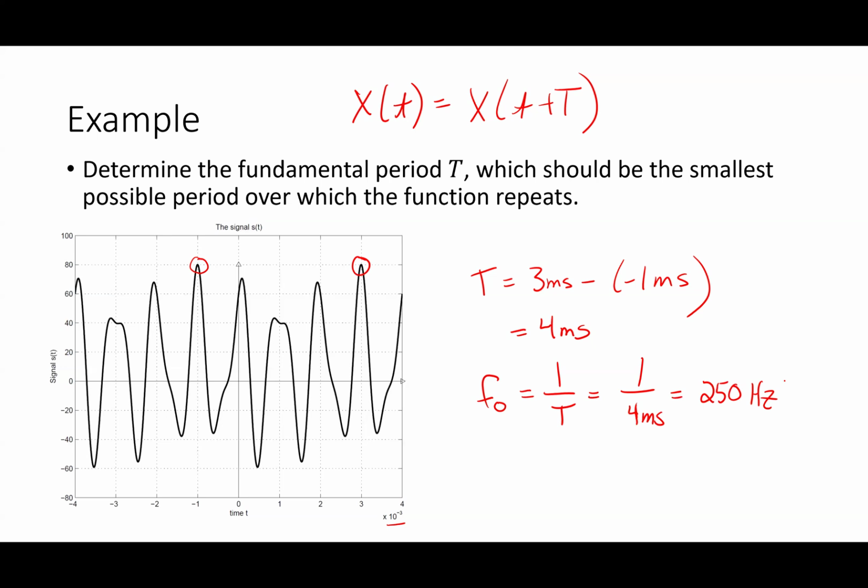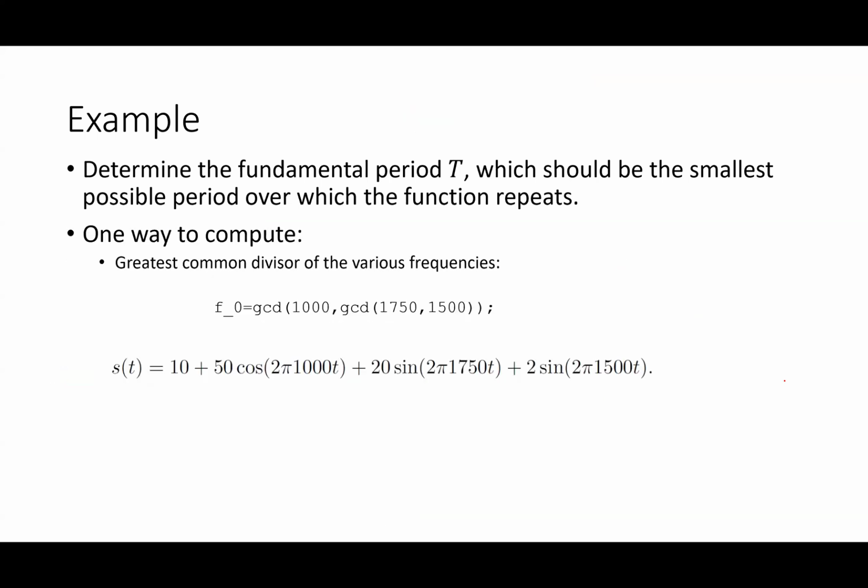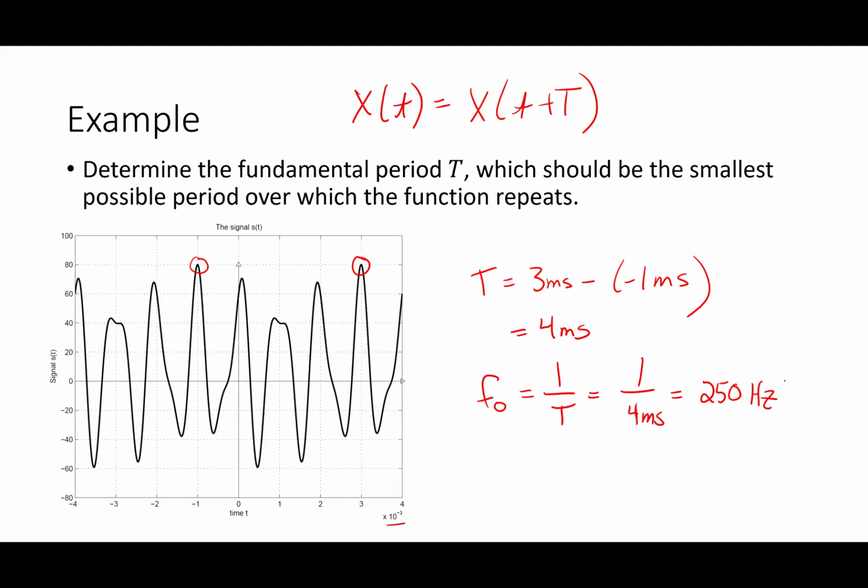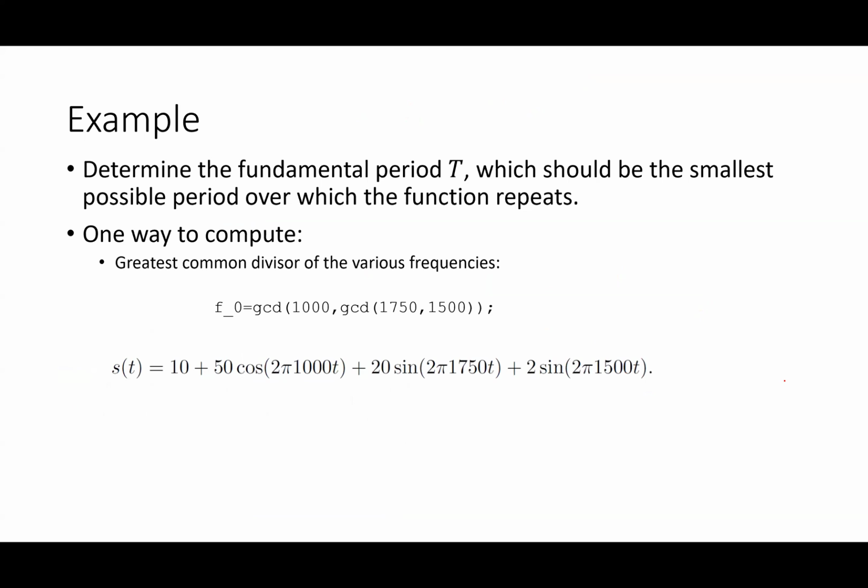So, all right, now there's another way to do this. One other way is the one I like, where I can visualize it. The other way, which the book talks about in section 9.1, is I can use something called the greatest common divisor, or the GCD.